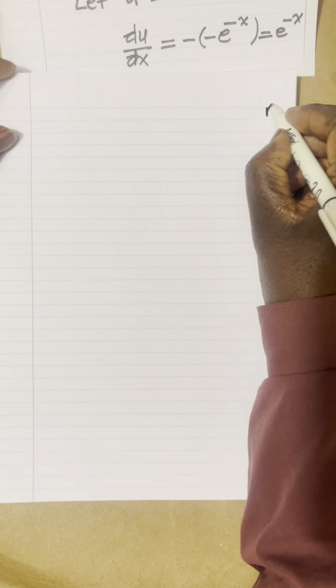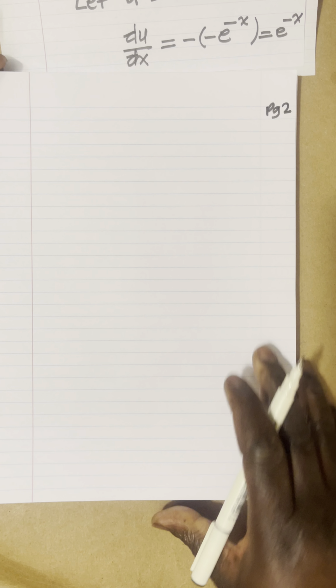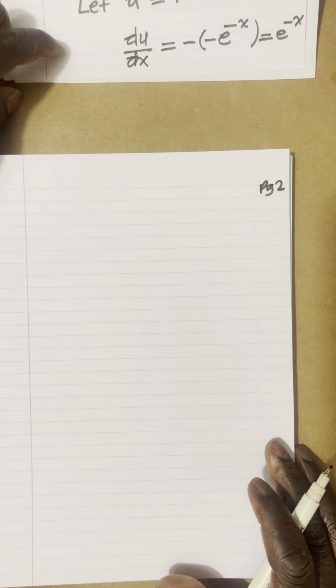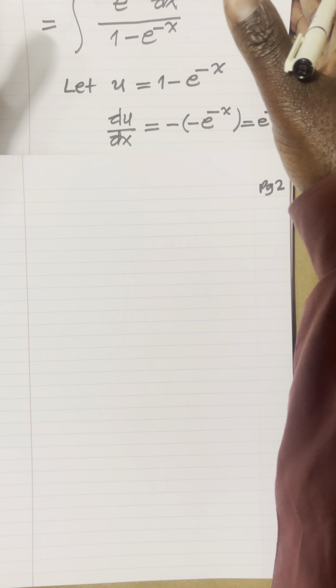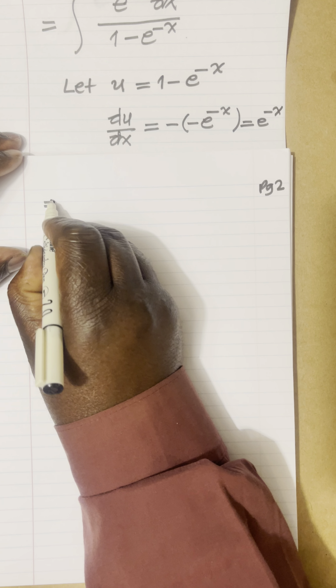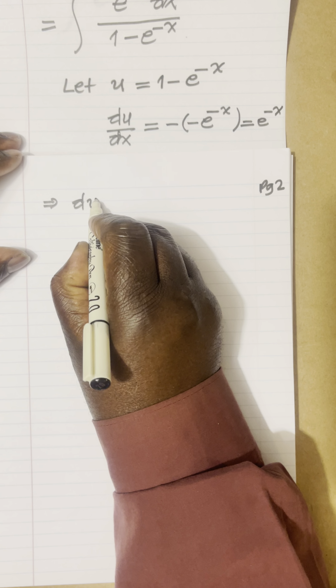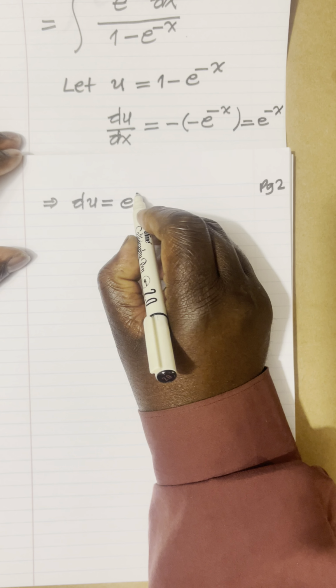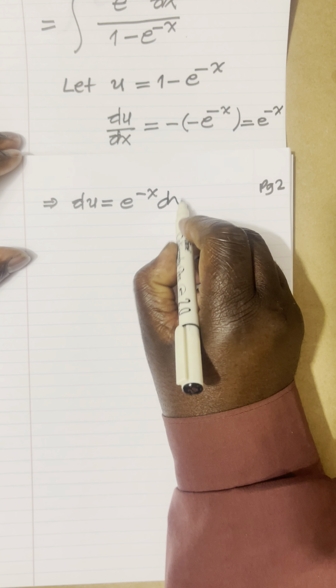We move to page 2. So now, multiply by dx both sides. So what do we have? We have du is equal to e to the power minus x dx.